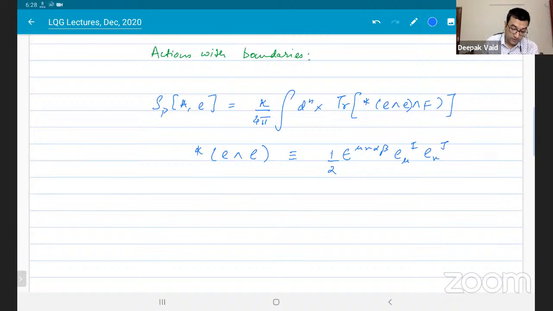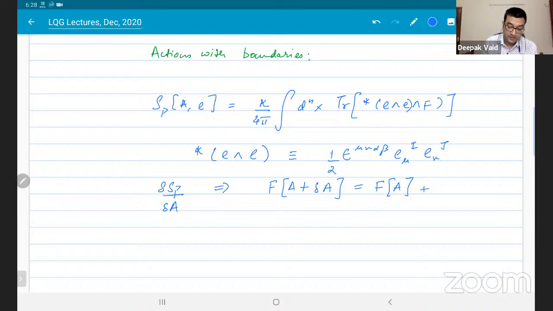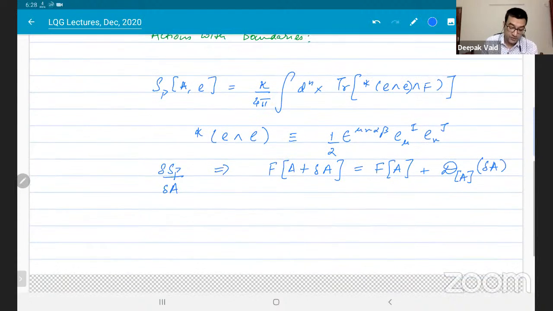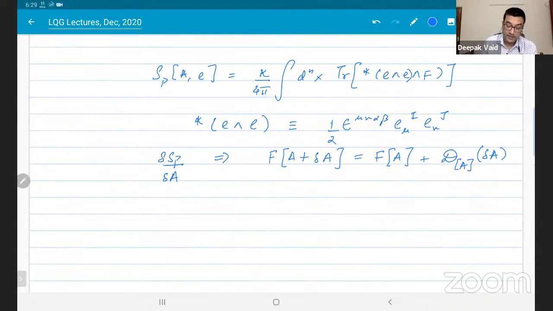Now when we perform the variation of this with respect to the connection, I told you that we use this Palatini identity, according to which the change in the field strength tensor due to a change in the connection can be written as the gauge covariant derivative, with respect to the unperturbed connection, of the perturbation delta A. We use this identity to calculate the variation, and we have to perform an integration by parts.